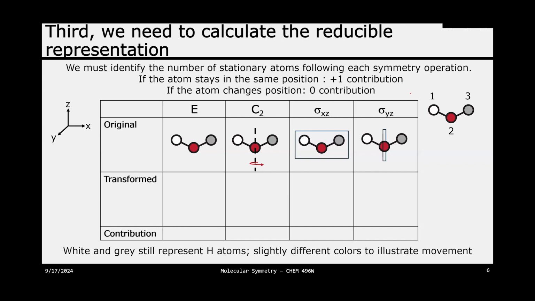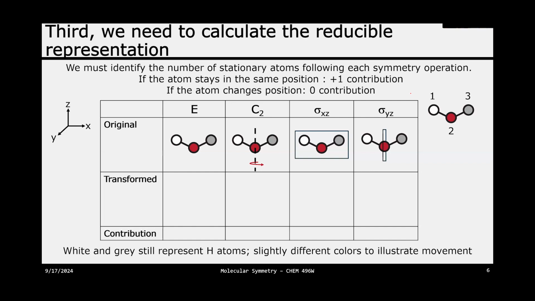Awesome. So continuing with our reducible representation, we also need to take into account our atoms. So here it's a similar trend where we're going to go through each symmetry operation with the compound that we have. If an atom moves, it's now 0. If an atom stays in the exact same place, it is +1. Here I have the hydrogens in different colors, but they're both still hydrogens.